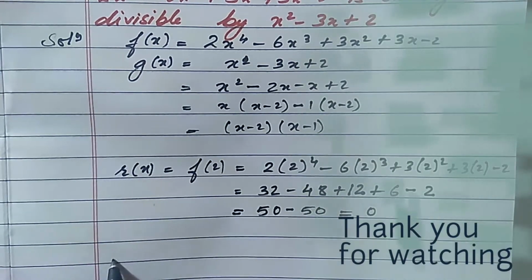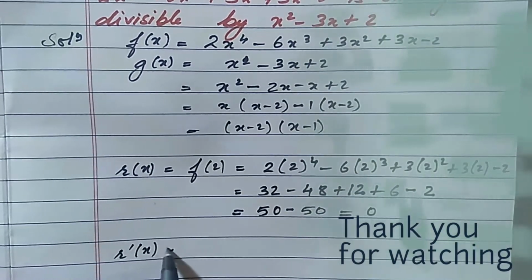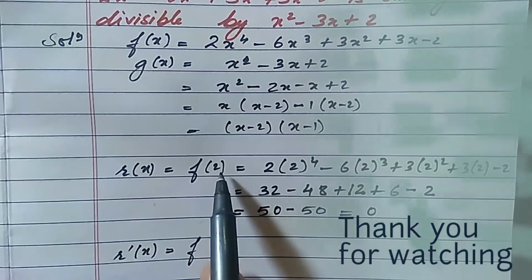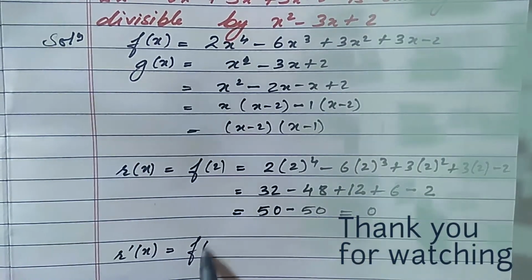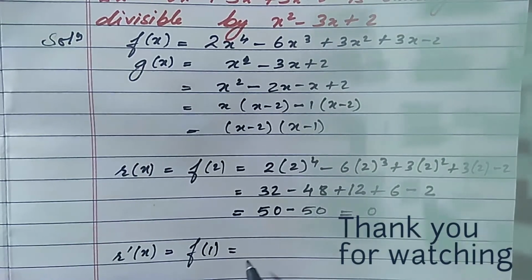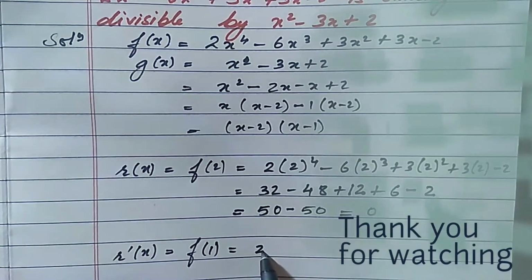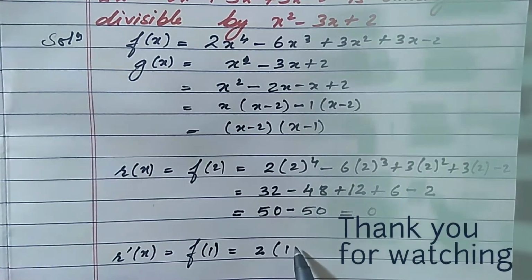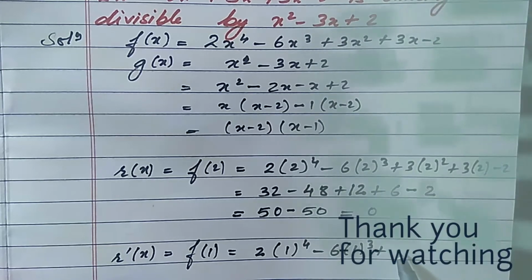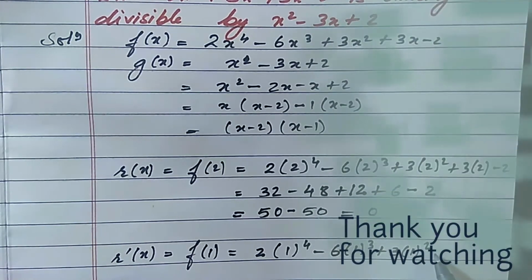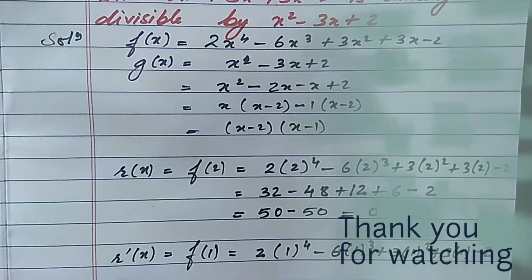Now let's find another remainder r'(x) when x is replaced by 1. So we find f of 1. So when we do that, what do we get? 2 into 1 to the power 4 minus 6 into 1 to the power 3 plus 3 into 1 squared plus 3 into 1 minus 2.